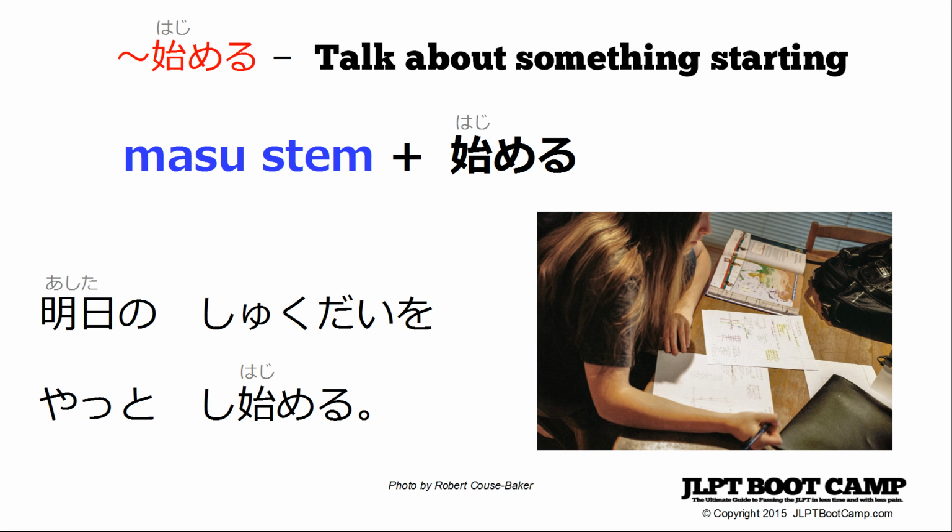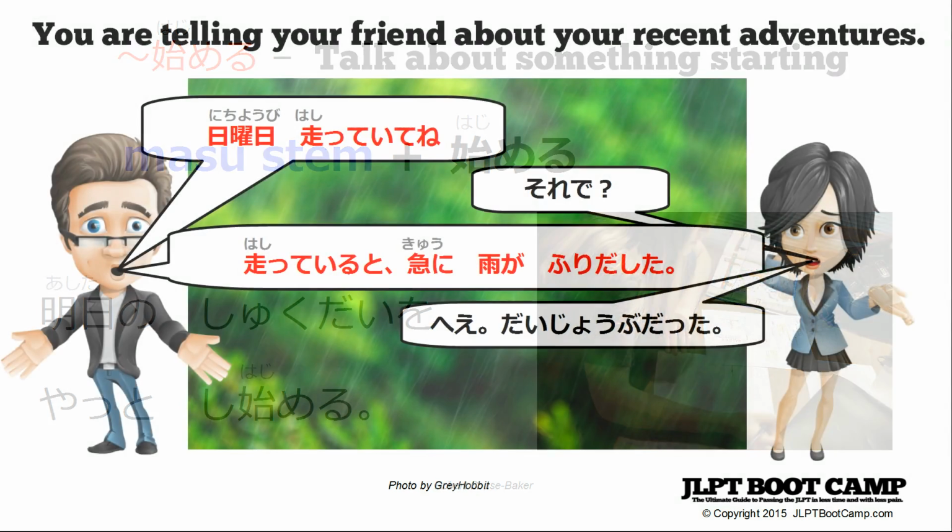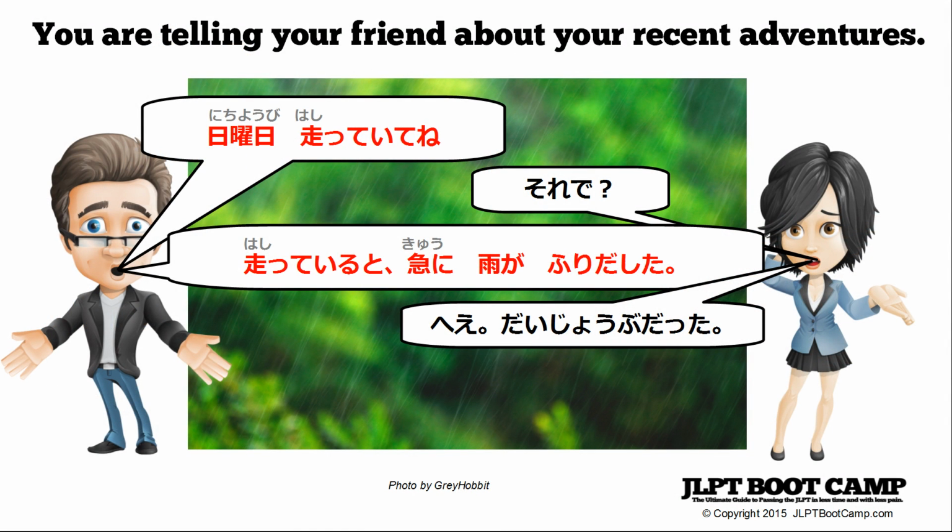So you're continuing on, and you're talking to your friend, of course, again, and you say, "Nichiyobi hashite ite ne." So Nichiyobi is Sunday, and hashite is you went for a run, hashite, and ite is go.